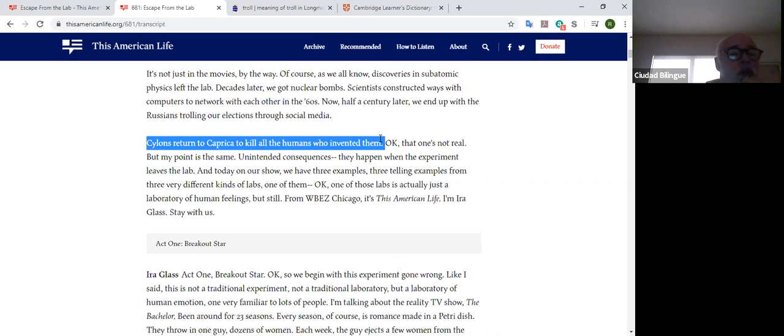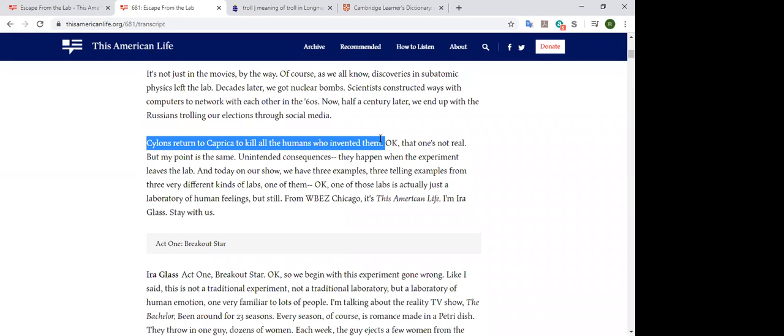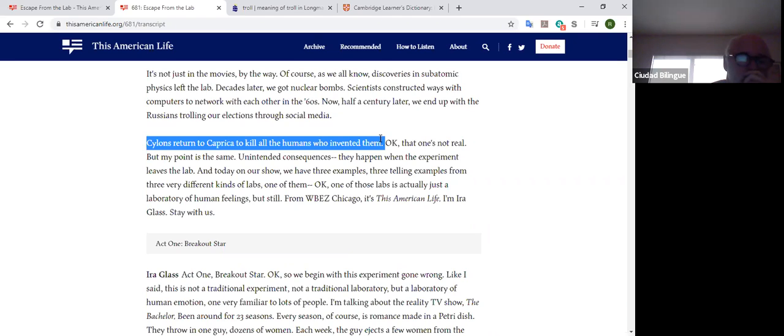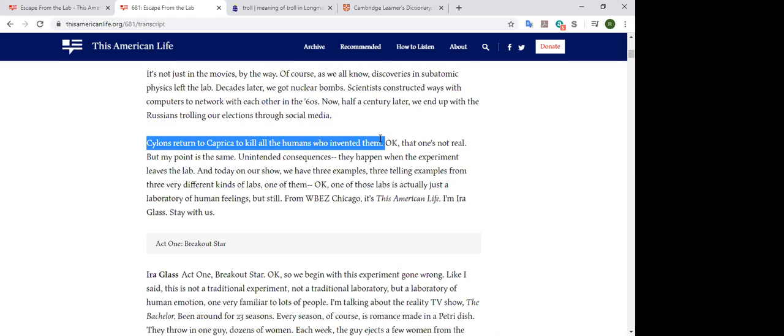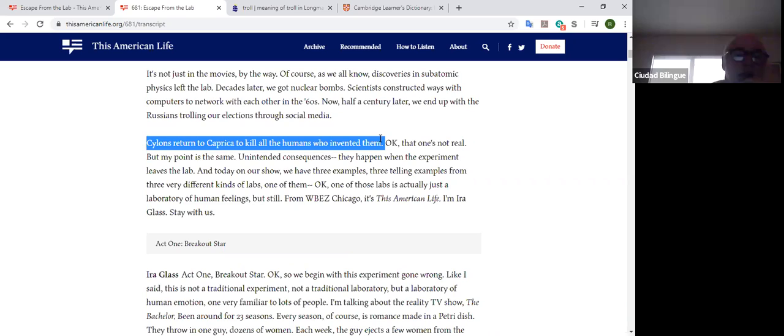But yeah, you're right. Sorry. Do the Cylons return to Caprica to kill all the humans who invented them? Yes, he does. Cylons, plural. Okay, yes, they do. Good.